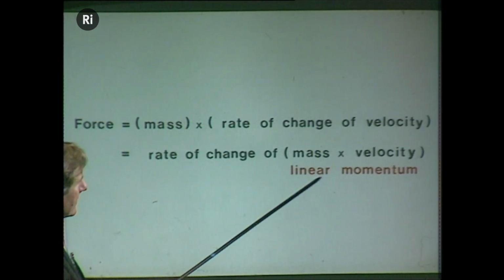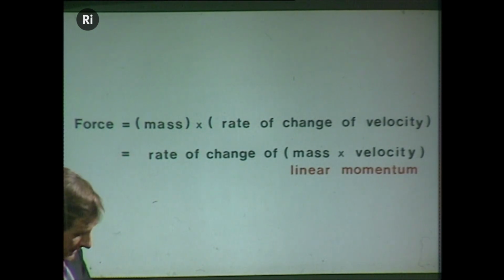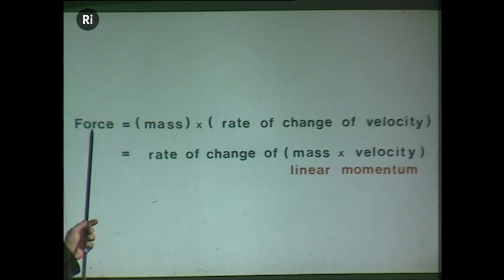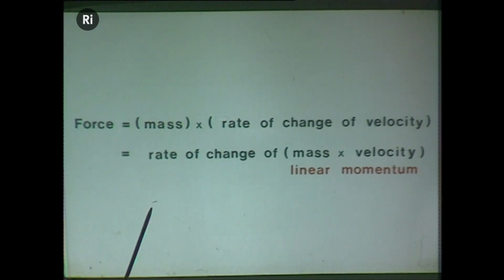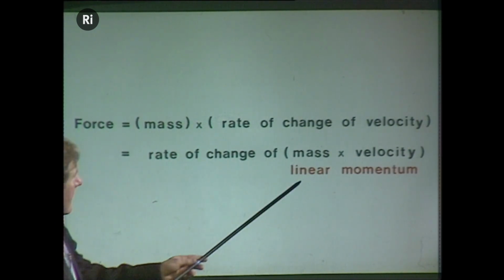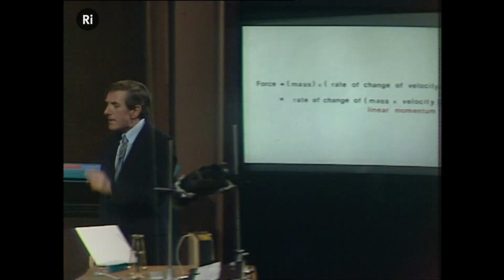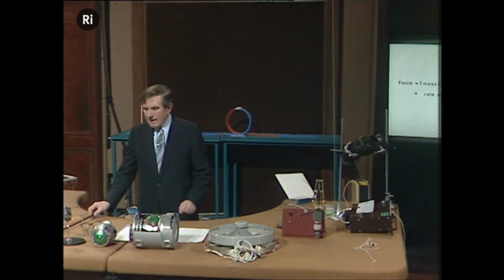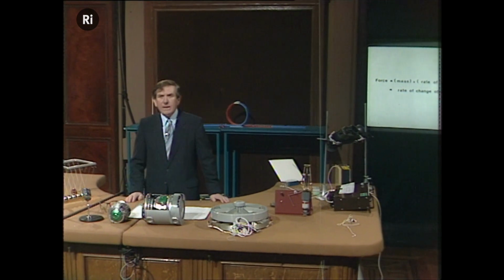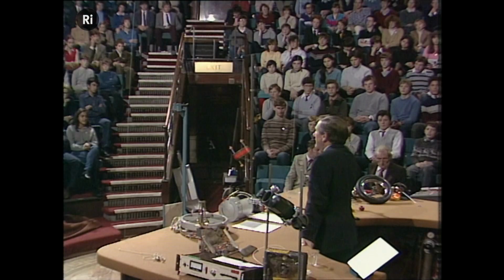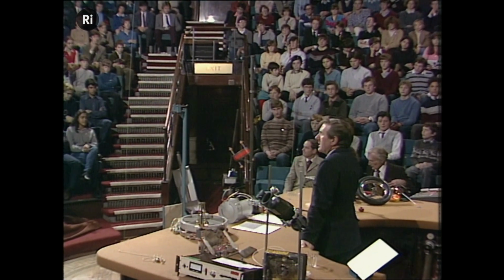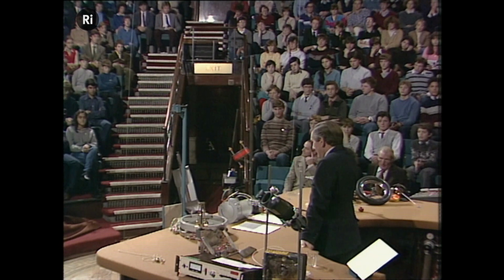And that product is called linear momentum. Now, it follows that if the force is zero, no force, then the linear momentum doesn't change. It remains constant. And that's a very important characteristic, which is used in rockets and for propulsion, in which the jet is emitted from the moving object.